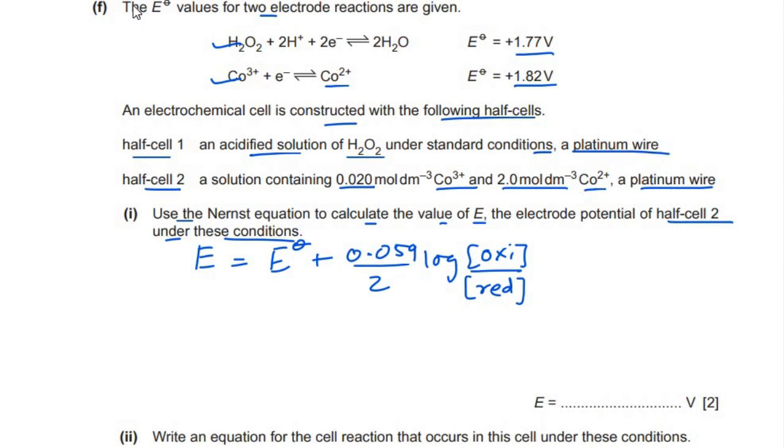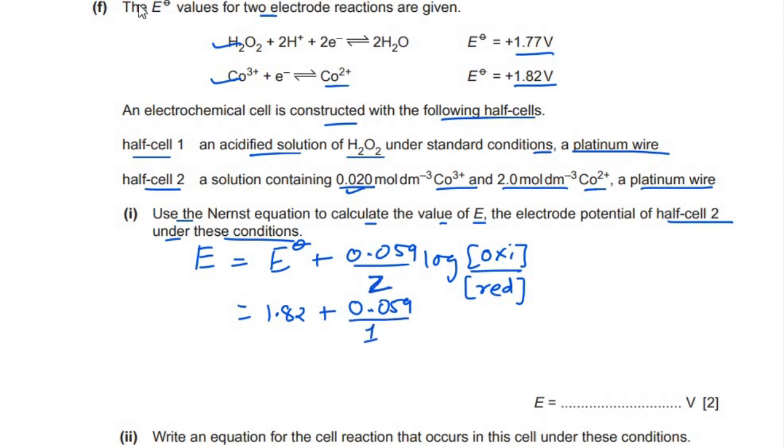This is the formula. For cobalt, which is under non-standard conditions, the E value for cobalt is 1.82 volts. So substituting here 1.82 plus 0.059 divided by Z. What is Z?